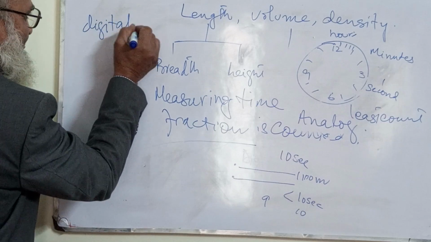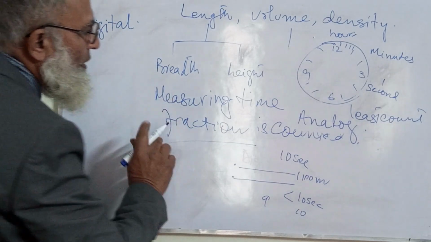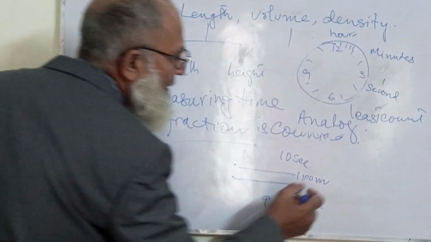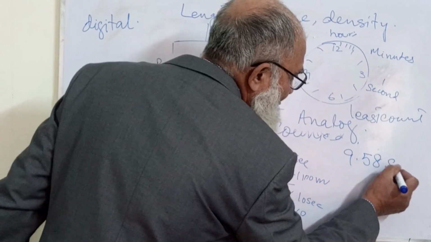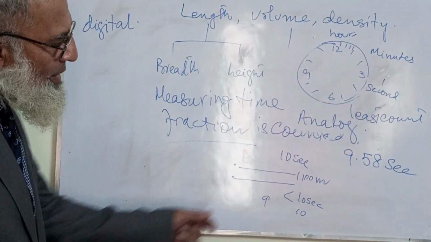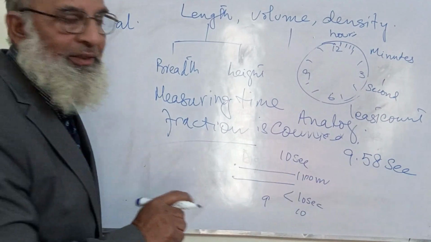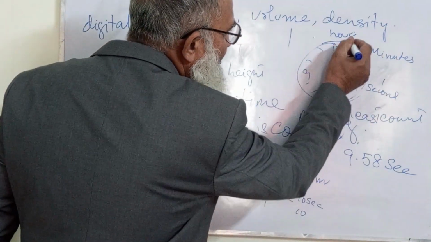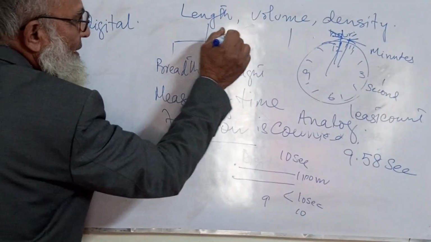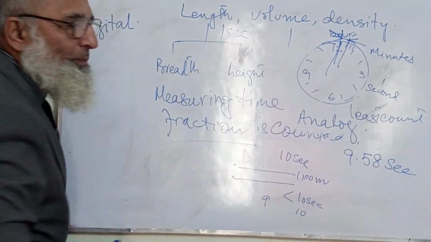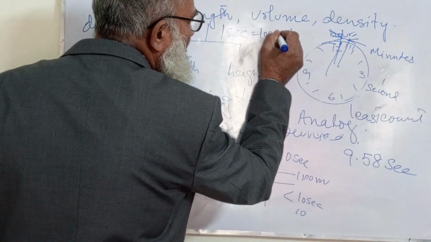But today we do have digital clocks, and you know the world record for a sprint of 100 meters is 9.58 seconds. Now you see that the second is further divided into 100 equal parts.